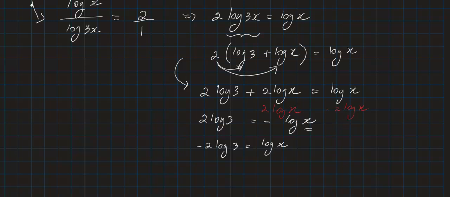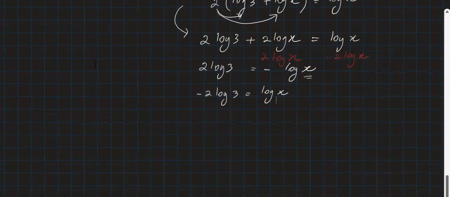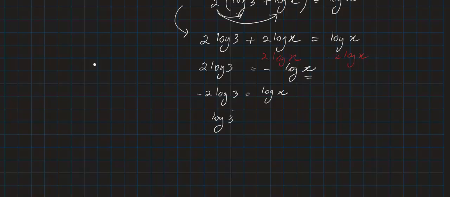And then once you have that, we're going to change that to a single log form. That would be log of 3 to the exponent of -2. That's equal to log of x. And here the bases are the same. So therefore, x must be 3 to the -2, or 1/9.